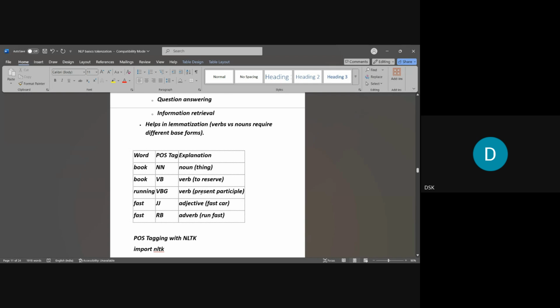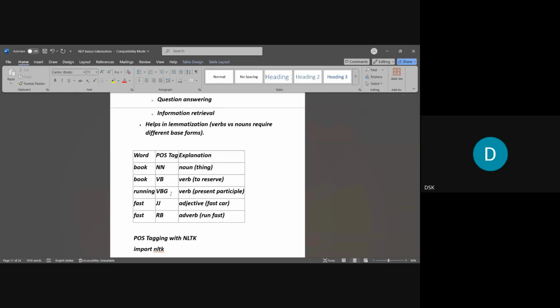Running. This is a present participle. So VBG is used. For fast, double J is used because it is an adjective, signifying a fast car. And again, here comes fast. For this, RB is used. In this, it is an adverb.